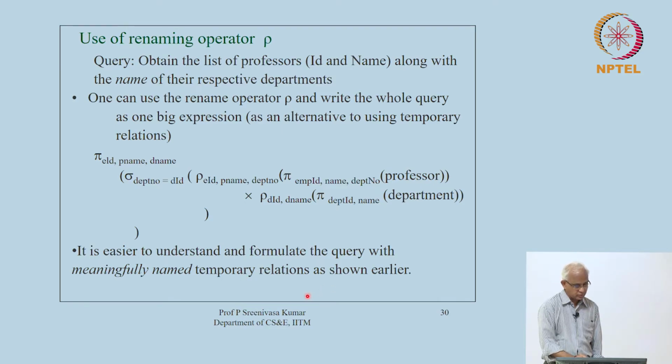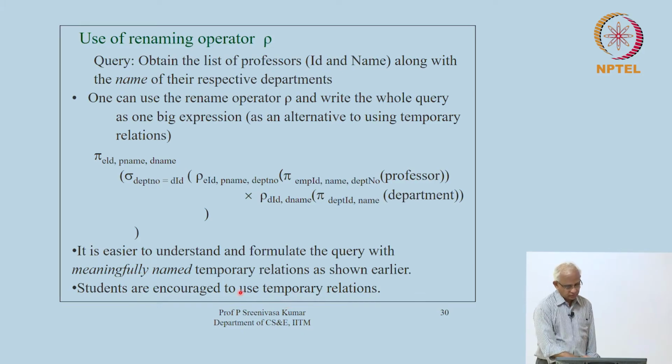So, I would encourage you to do that: students are encouraged to use the notation of introducing the temporary relations, then writing the sub expressions and then formulating the query. Okay. So, I hope these points are clear.